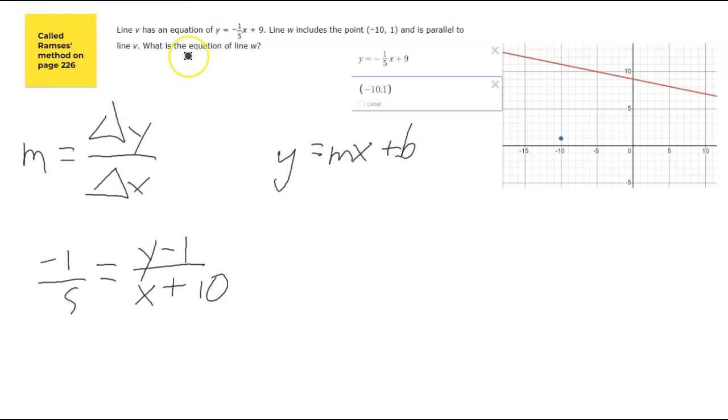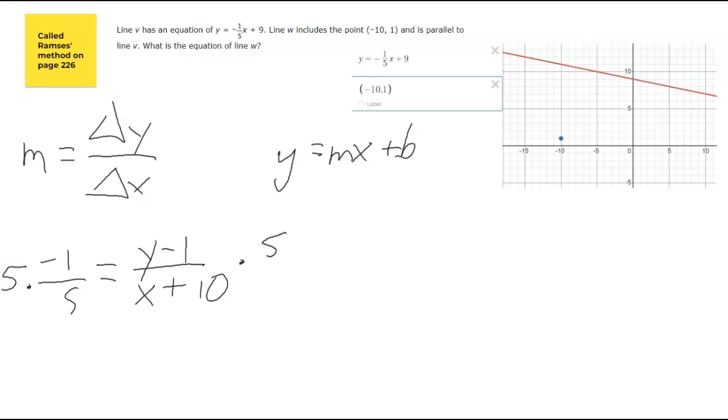So let's start by clearing our denominators a bit. So down here we have a 5. So remember, as long as we do the same operation to both sides of the equation, we're allowed to do it. So I'm going to multiply this side of the equation by 5, and I'm going to multiply this side of the equation by 5.